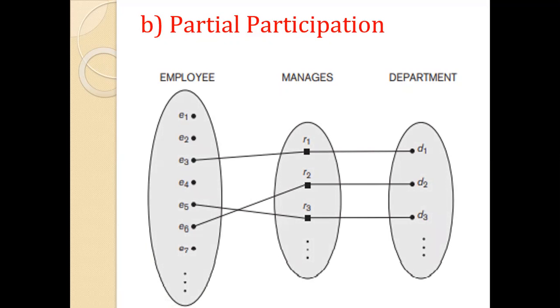Only some of the entities in an entity type may participate. It is not mandatory, not compulsory for all the entities to participate in the relationship. So this is optional for the employees.